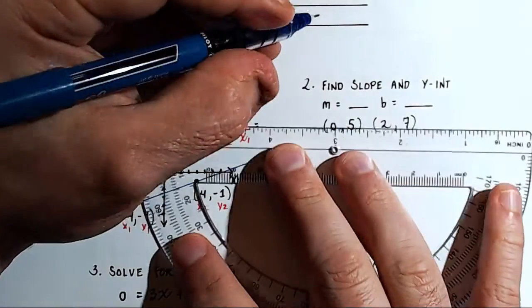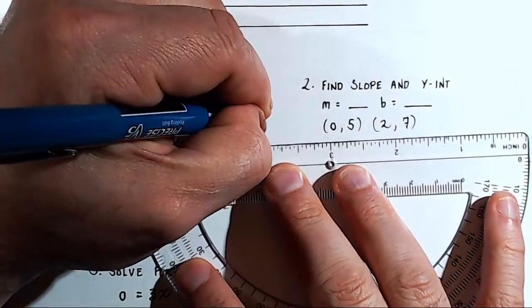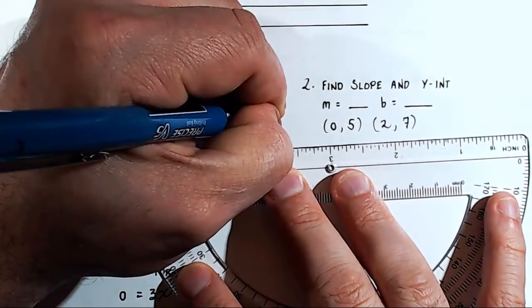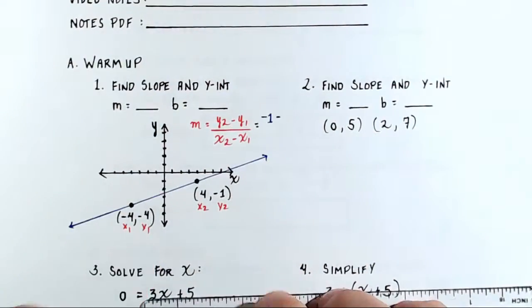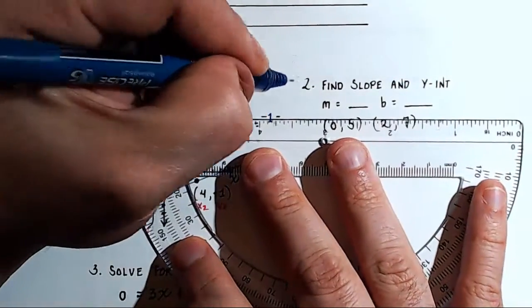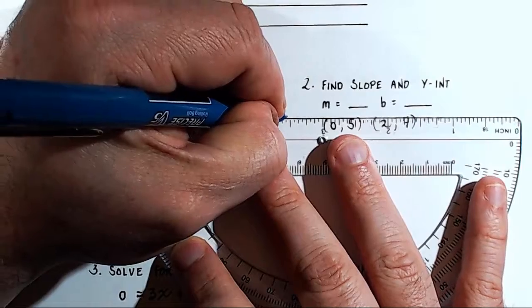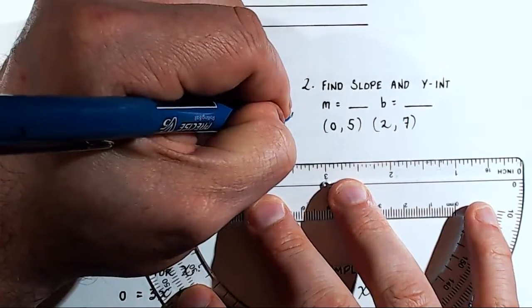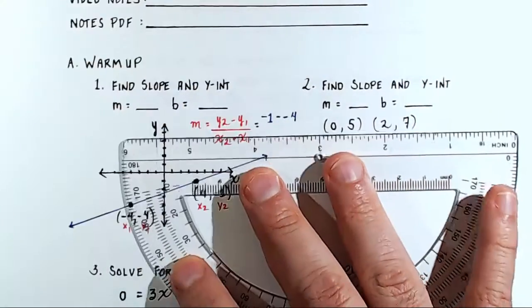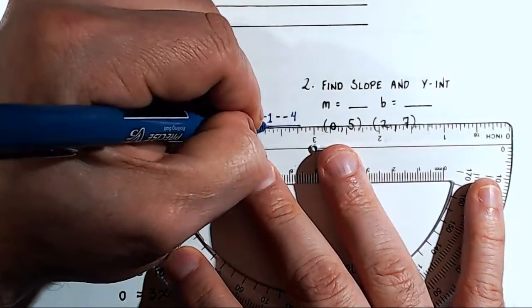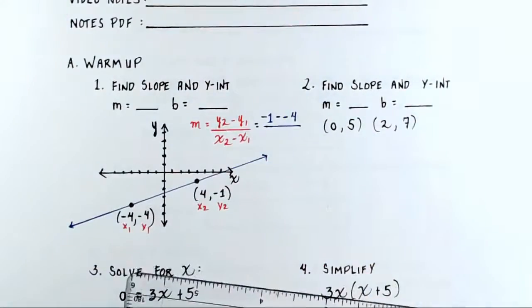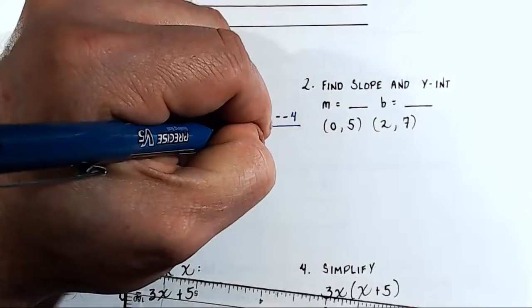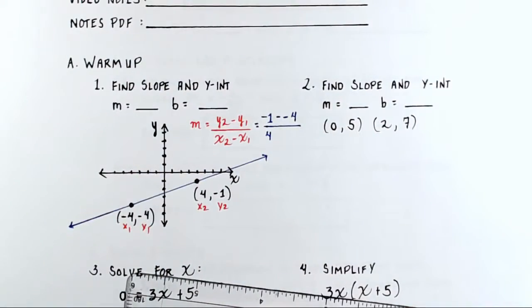y2 is -1. So I got -1 minus y1, which is -4. So I've got a minus a negative here, minus -4 over x2, 4, minus x1.